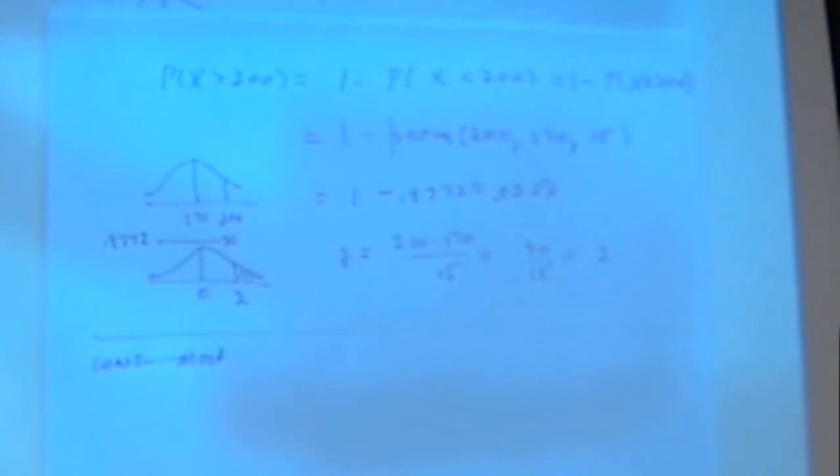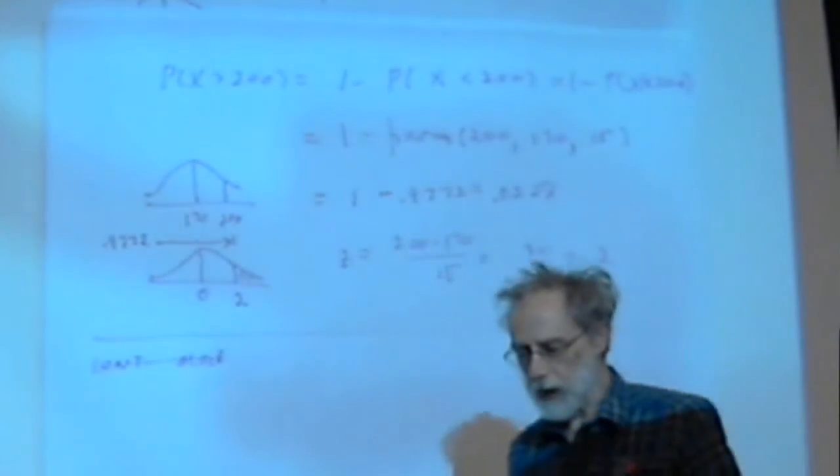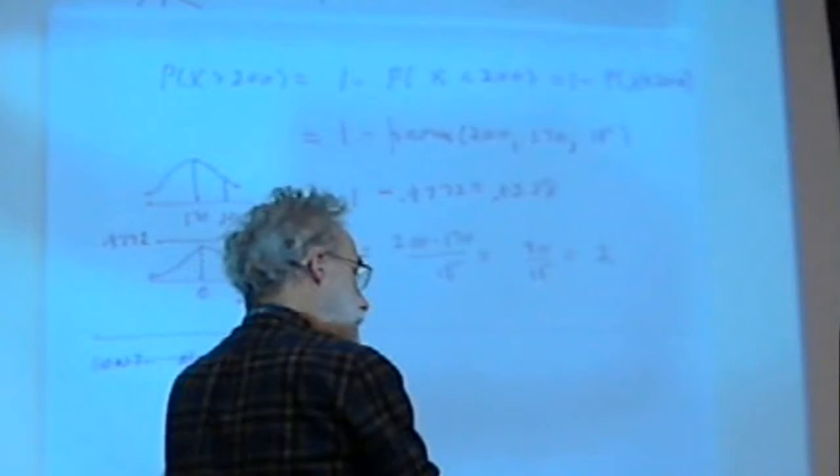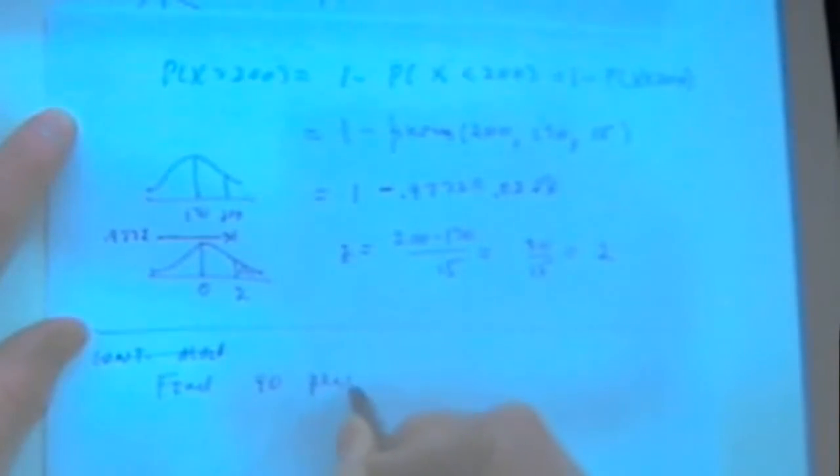Okay, quantile problem. Let's find the 90th percentile. What is this? That means you want to find this value c. So there's only 10% here, right?